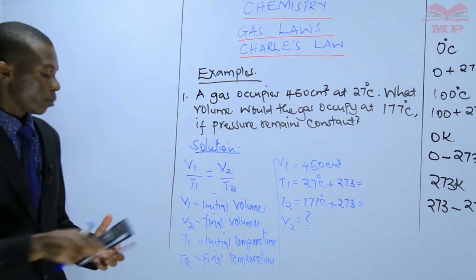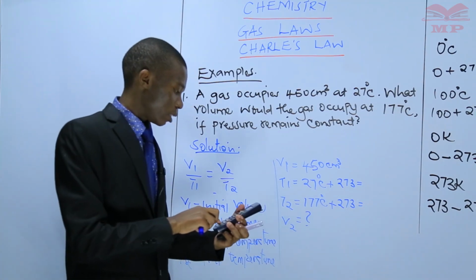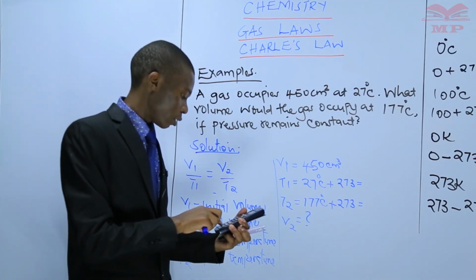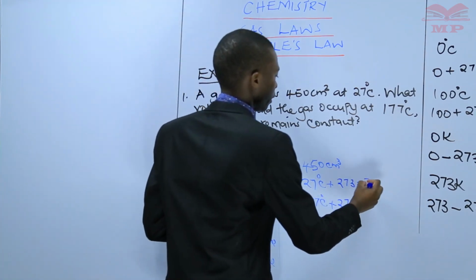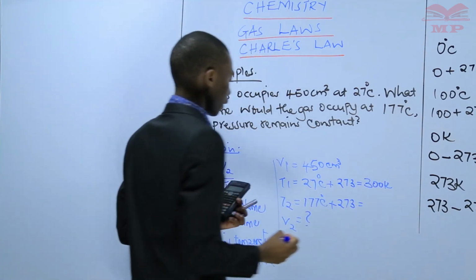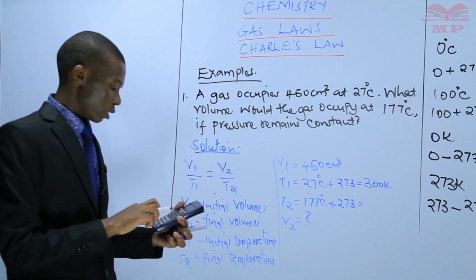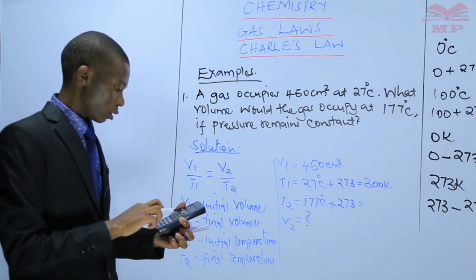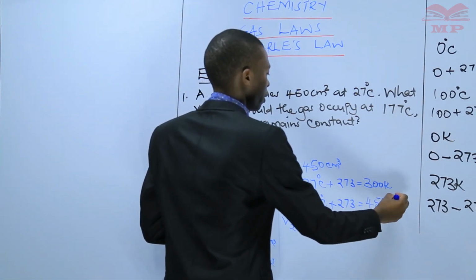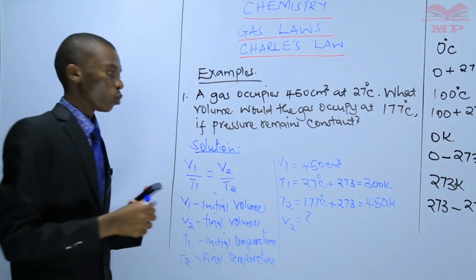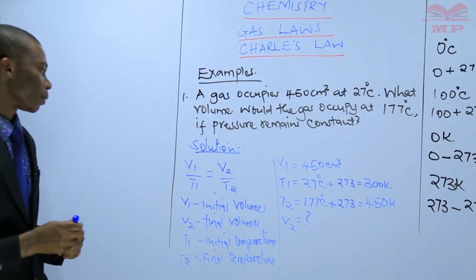If you have a calculator, 27 plus 273 gives you 300 Kelvin. Then 177 plus 273 gives you 450 Kelvin. You should not forget to convert the temperature into Kelvin at all times.